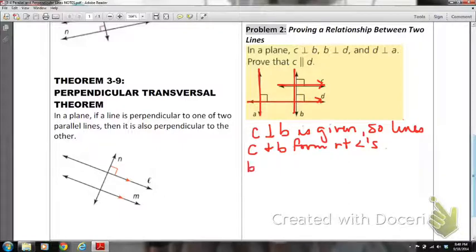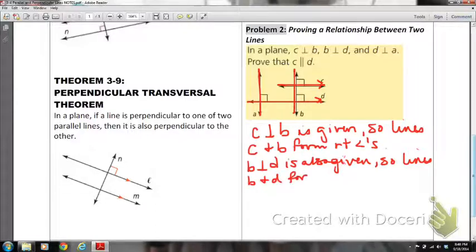B is perpendicular to D is also given. So lines B and D form right angles by the definition of a right angle.